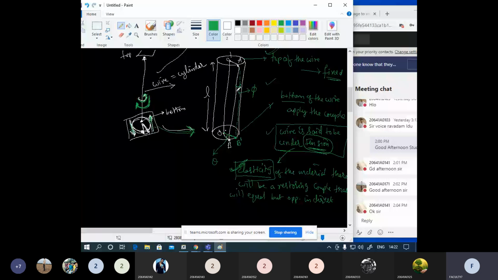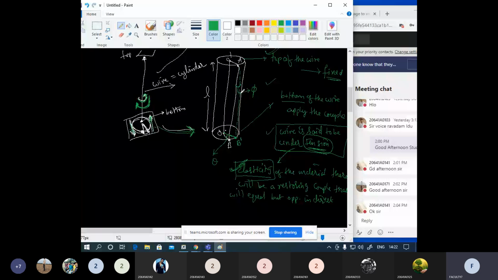The result you can see in the outer layer of the material. This phi you can observe, but this theta you cannot easily observe. You can observe externally how much angle we have rotated, but here this can be observed.